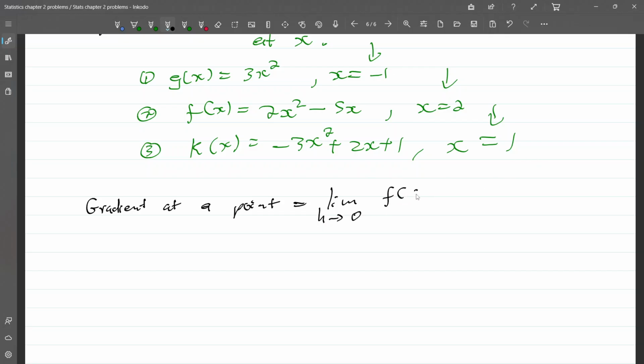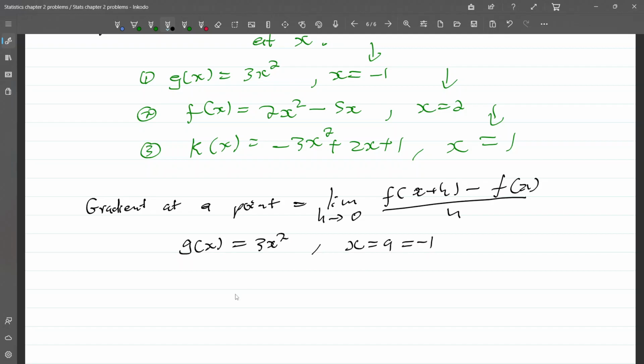Remember that a is x, so just put x plus h minus f of x over h. Then f of x is equal to 3x squared. Now x, which is equal to a, is -1. So now f of x plus h is f of -1 plus h.